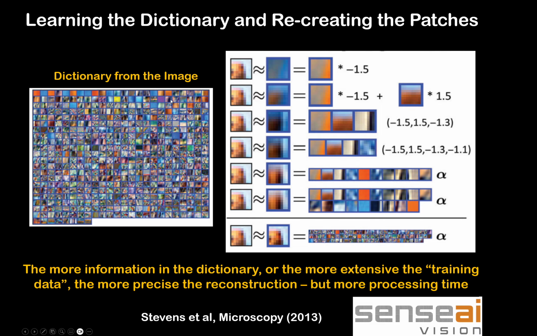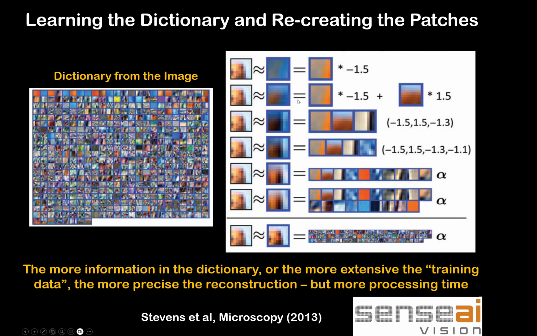This is actually the same way that JPEG reconstruction is done. What you want to do to make your image much smaller is to say that I'm going to approximate this patch here just by this one dictionary element multiplied by a scalar. It doesn't do a very good reconstruction, but if I shrink my image down to a very small amount, I can get away with it.